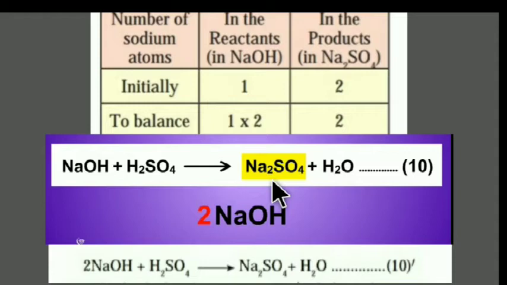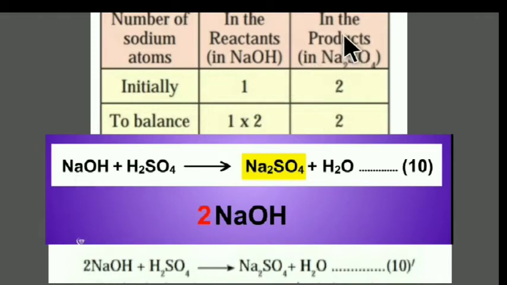We select the compound Na2SO4, that is sodium sulfate, for balancing. Further, we select sodium for balancing, as the number of atoms of sodium in this compound is unequal on the two sides. Let us see here. Initially, in the reactant NaOH, only one Na is present.